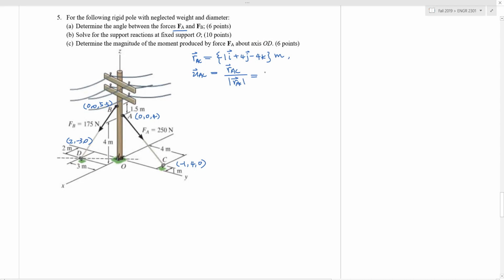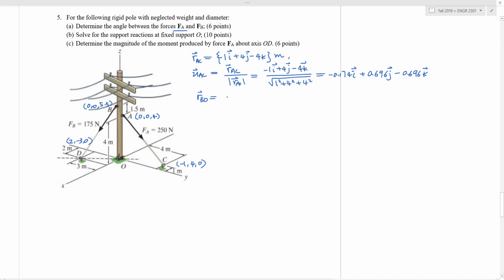So we're going to take -1i plus 4j minus 4k divided by square root of 1 squared plus 4 squared plus 4 squared. The units cancel out, the meter and meter cancel out. So this will give you negative 0.174 i plus 0.696 j minus 0.696 k unit vector.